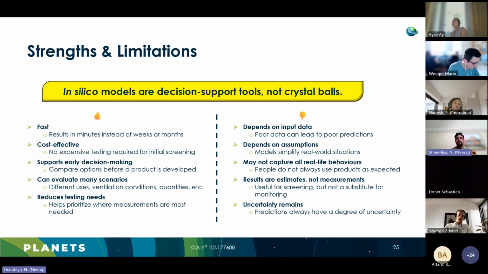the biggest limitation, I would say, for these exposure assessment models is the assumptions. Sometimes these assumptions are quite far from real-life behavior. For example, the worker breathing rate: we have a fixed breathing rate for a worker.